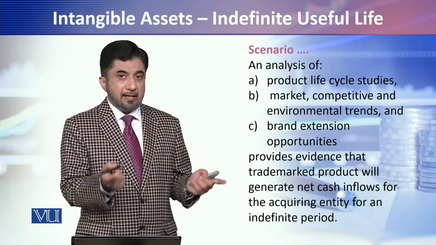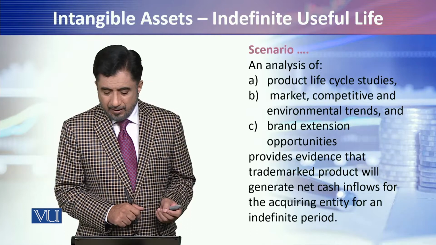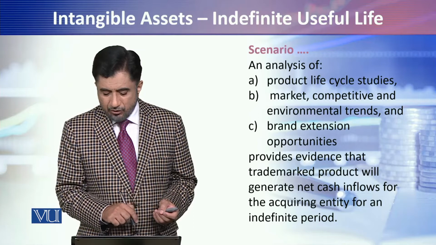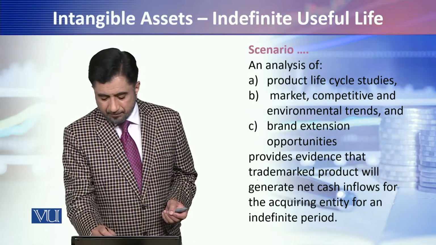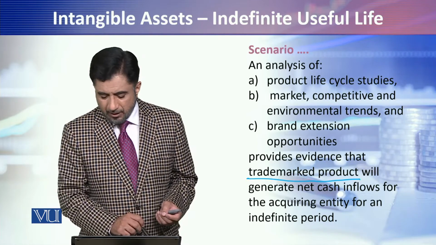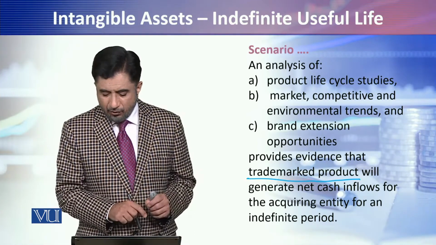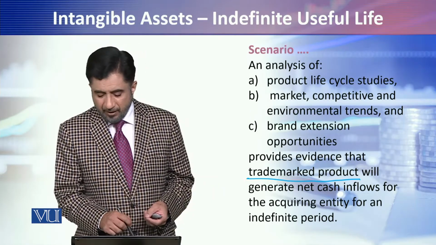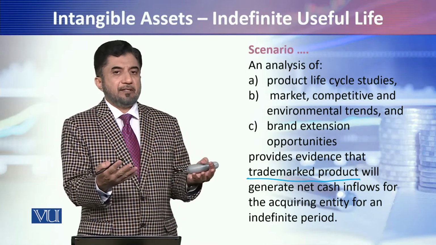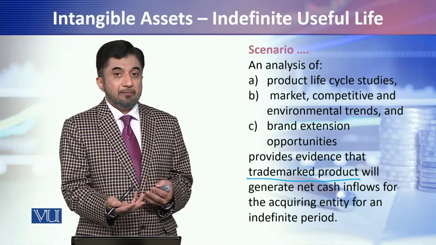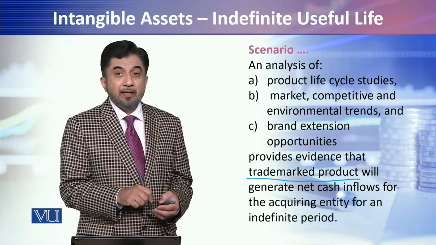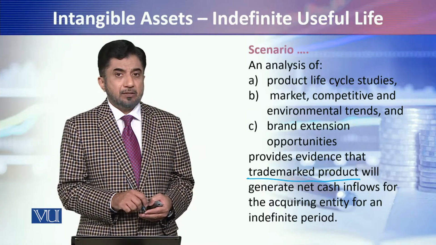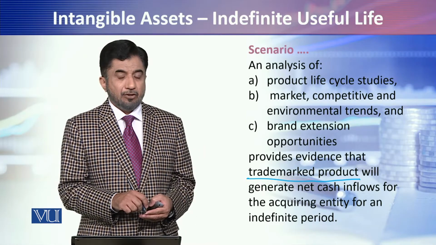Based on all these analyses, the analysis provides evidence that the trademarked product will generate net cash inflow for the acquiring entity, which is the Sample Company, for an indefinite period. The company which is acquiring this trademark is the one that decides whether this trademark should be amortized or not. Okay, you got the point?